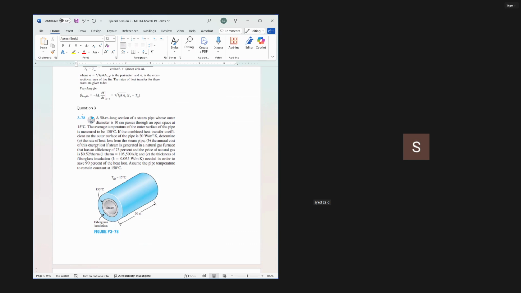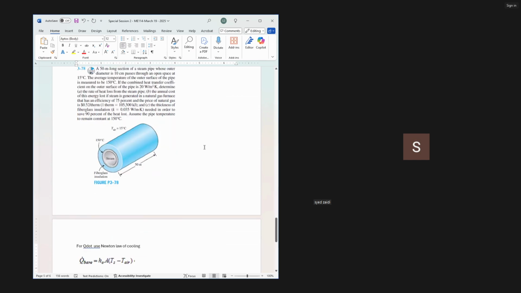Okay. So we have to find out our Q bar and multiply it by 90%. He's saying that we have to save 90% of the heat loss. So 10% will be lost, basically 90% will be saved.